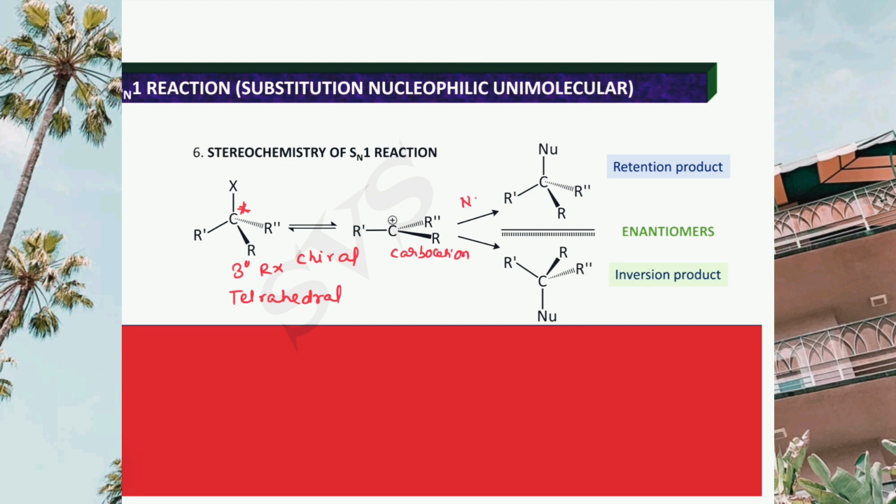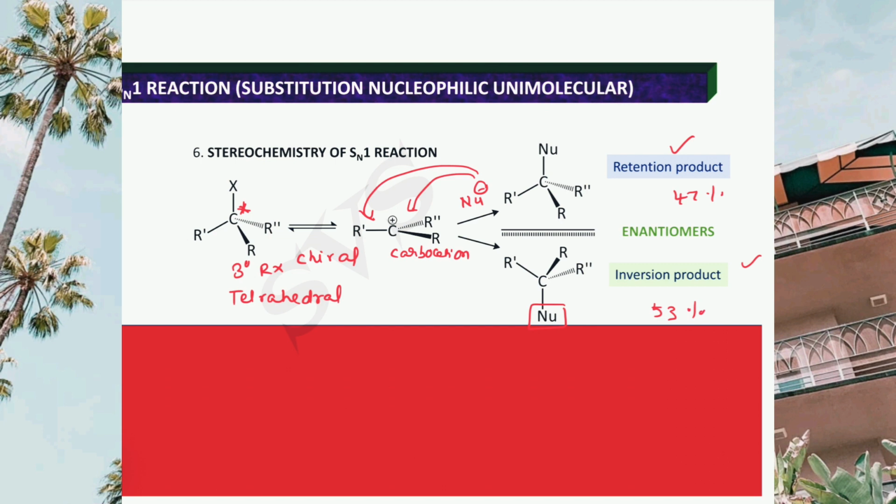The nucleophile can attack from the front side as well as from the back or rear side. If the nucleophile comes from the front side, we call it retention product. If it comes from the back side, we call it inversion product. Generally around 47% we get retention, 53% inversion product.